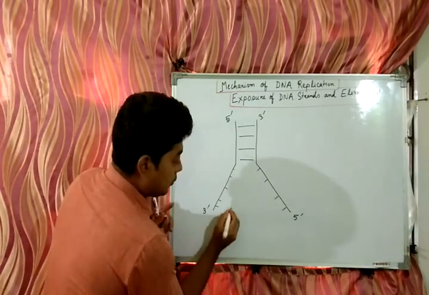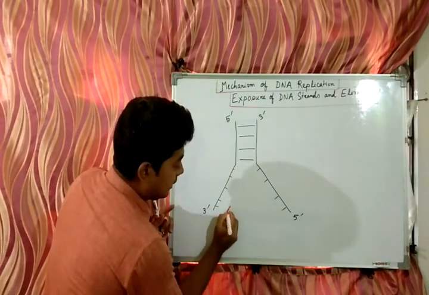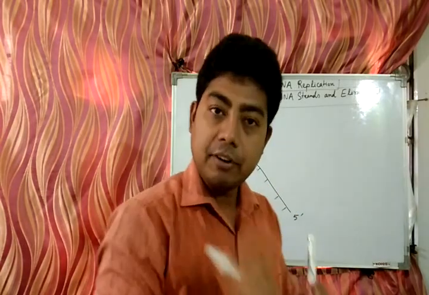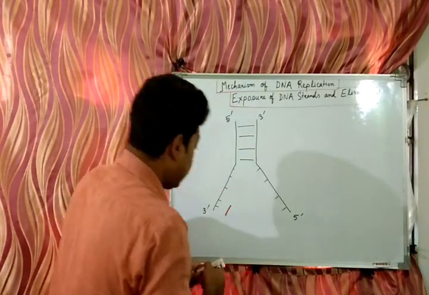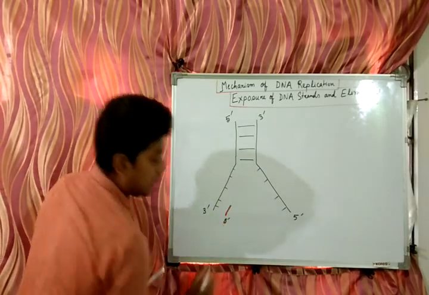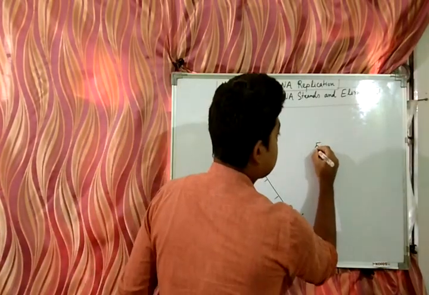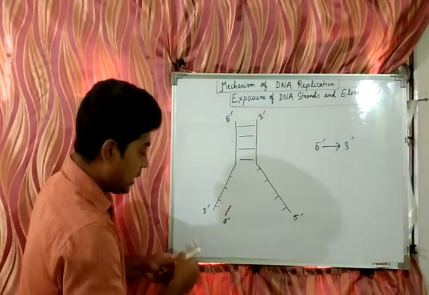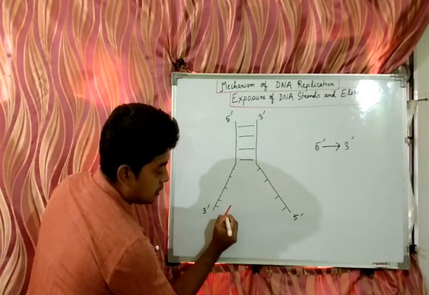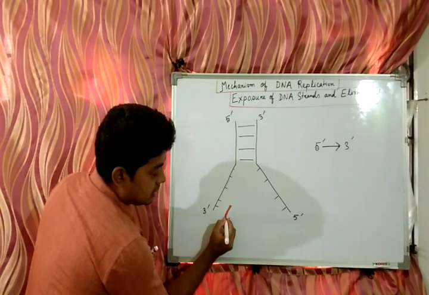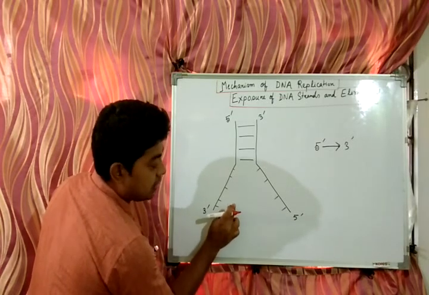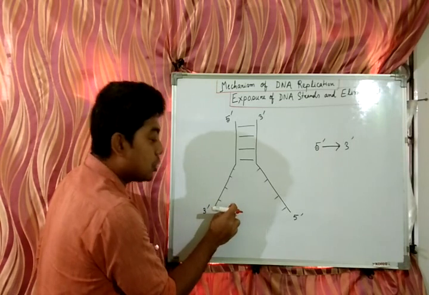So for polymerization, an RNA primer will bind, because that RNA primer will give the free OH group at the 3' end.